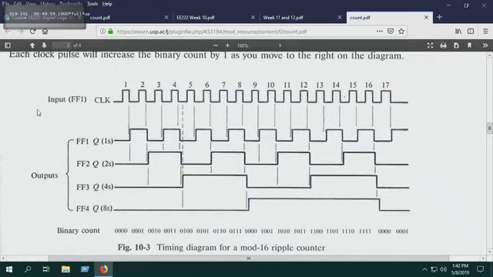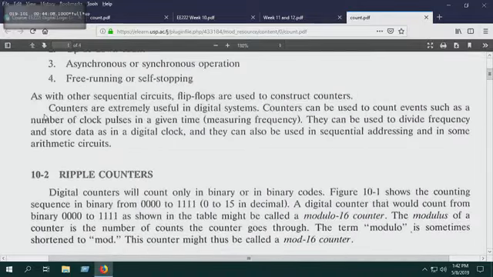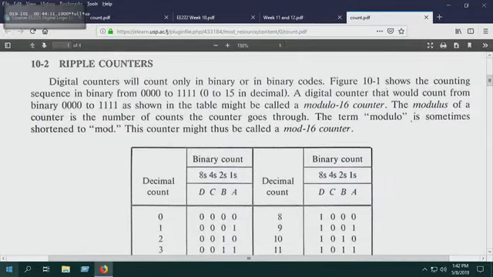Alright? Now that's an asynchronous counter. Another name given to this particular counter is a ripple counter. How many of you have played or seen a video on YouTube or the internet of dominoes?